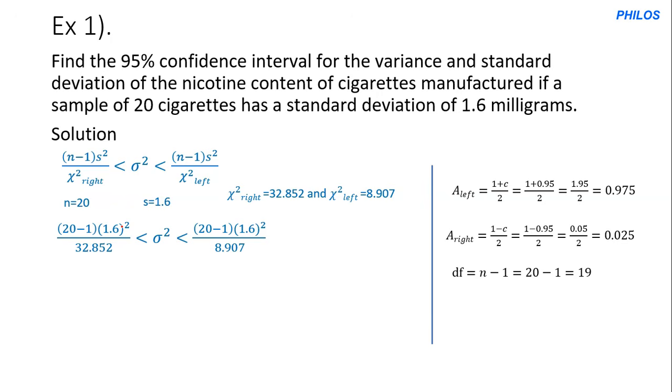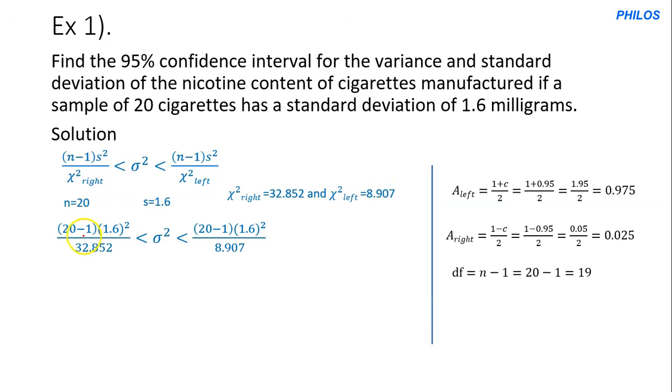So you have 1.6 squared divided by the chi-square right, which was 32.852, less than population variance, less than 20 minus 1 times 1.6 squared. The numerators are the same. It's only the denominators that are different. Our chi-square left is 8.907.